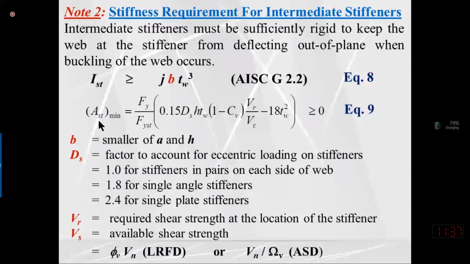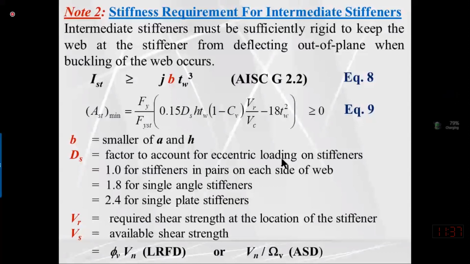So the minimum area of this stiffener we used to compute by this expression. Fy is the yield strength of the web. Fyst is the yield strength of the stiffener. Ds is the distribution factor, which accounts for eccentric loading.